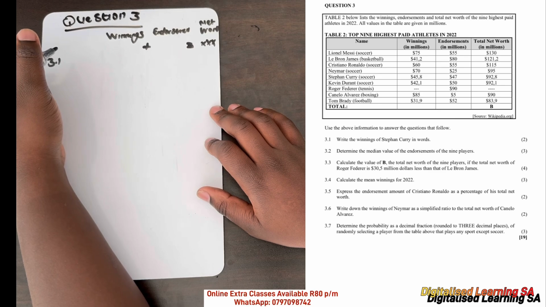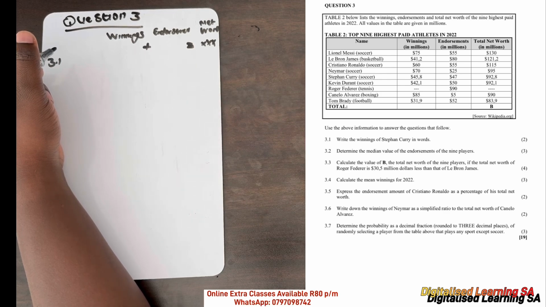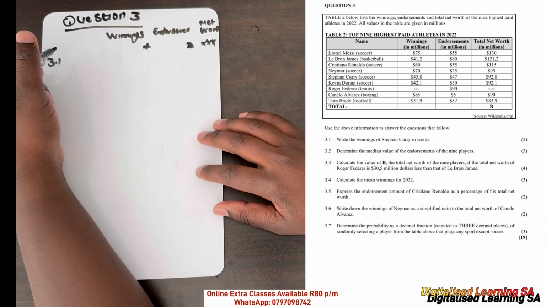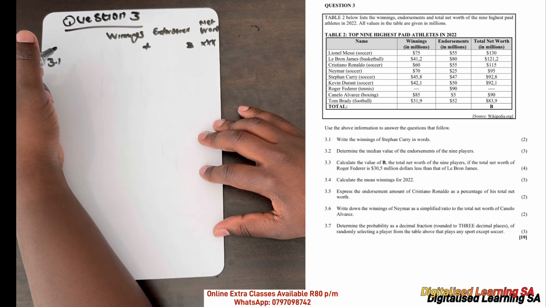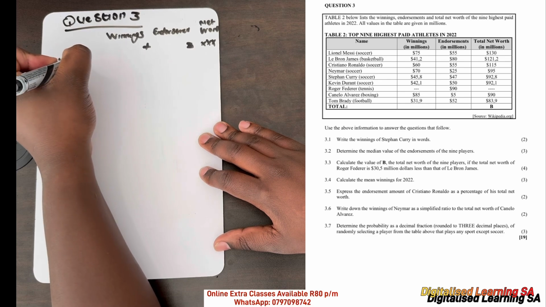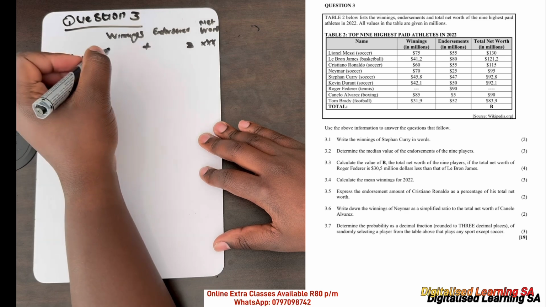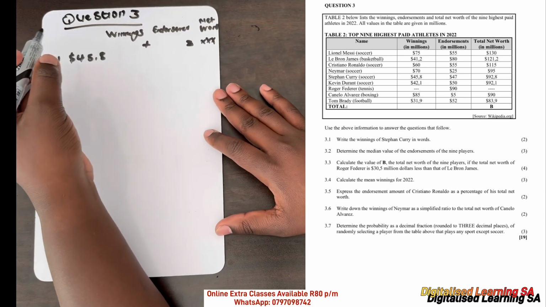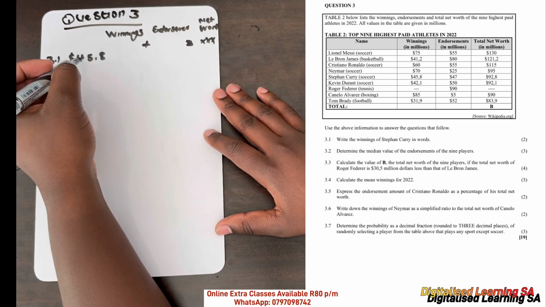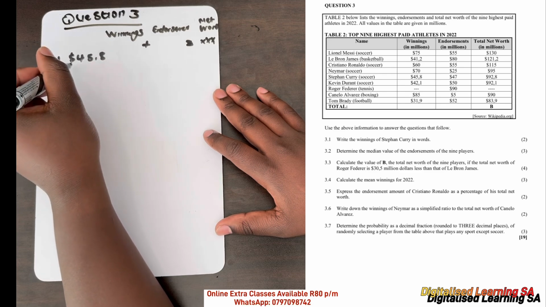Question 3.1 says write the winnings of Stephen Curry in words. So if we look at Stephen Curry, we can see that his winnings was 45.8. Remember, it is given in millions, meaning that it is 45,800,000.